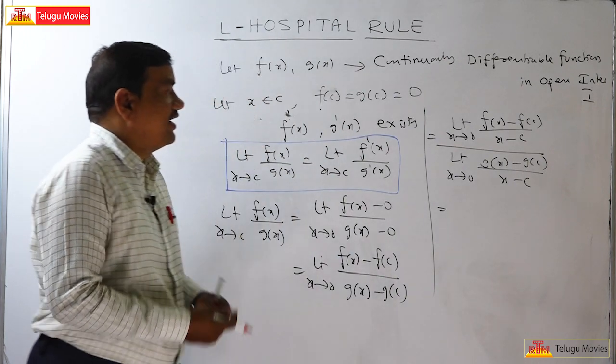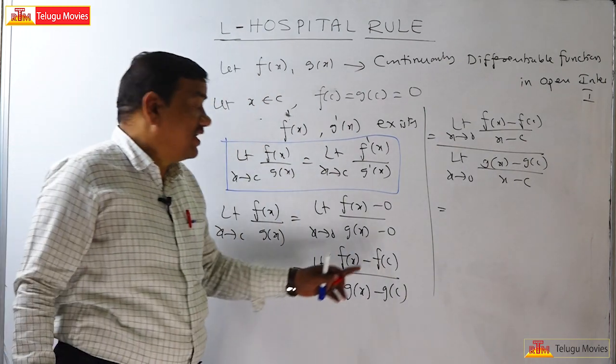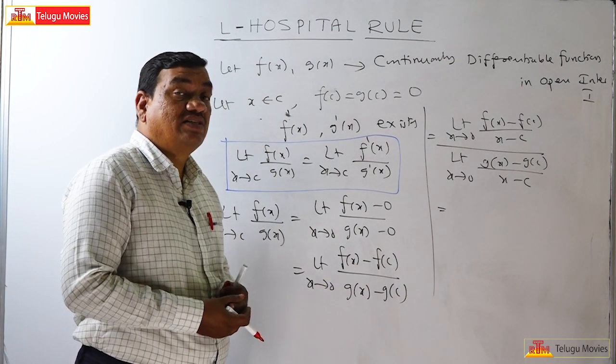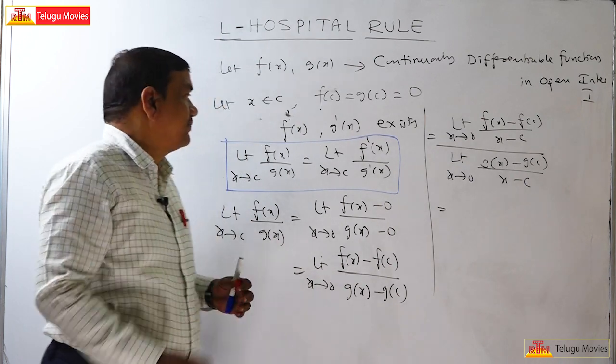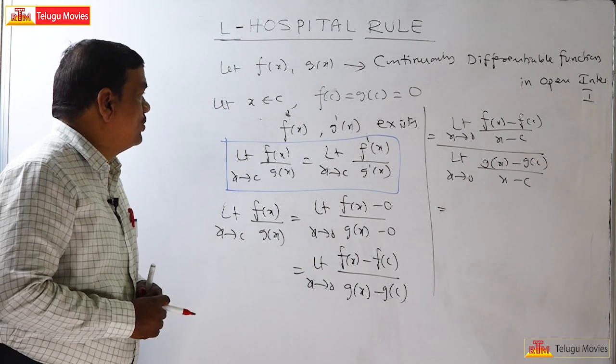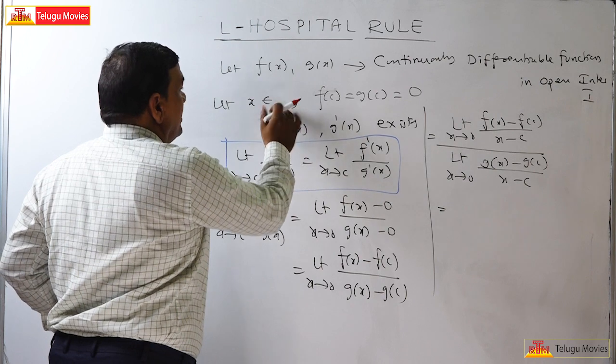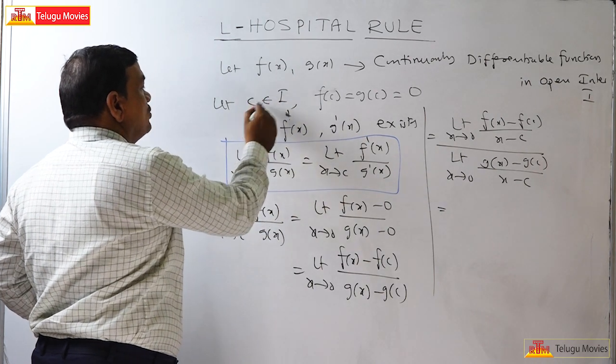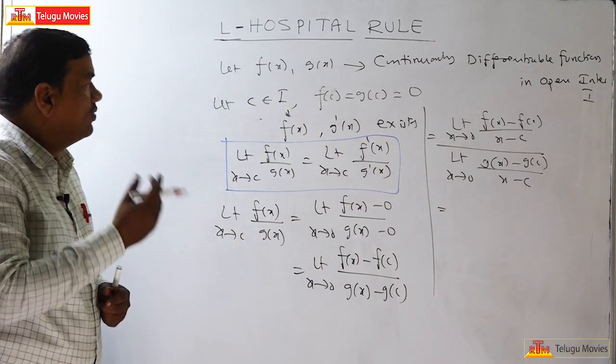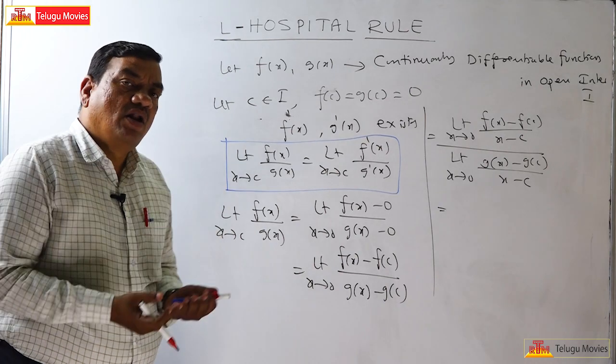We can, since I multiplied the numerator and denominator with x minus c, since x is not equal to c. Sorry, x belongs to here I. C is any number; it may or may not belong to the open interval.